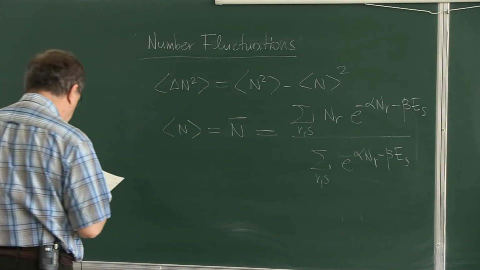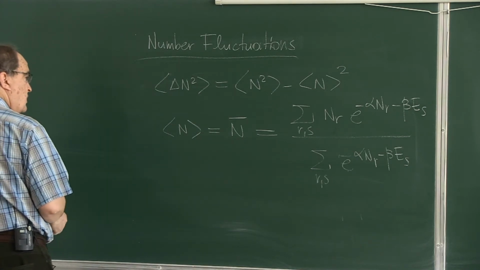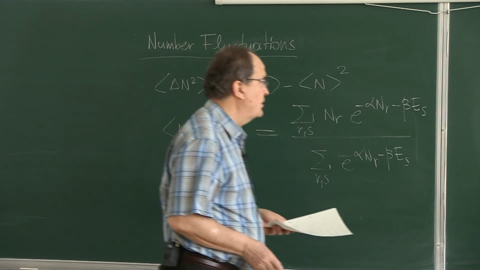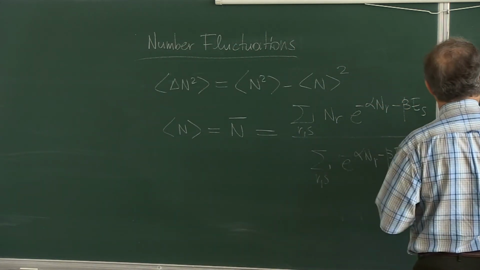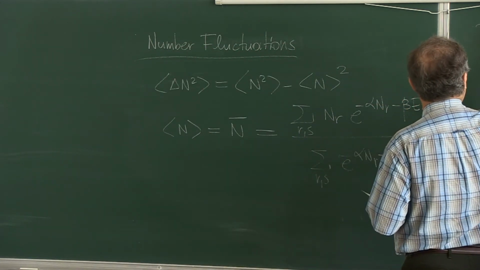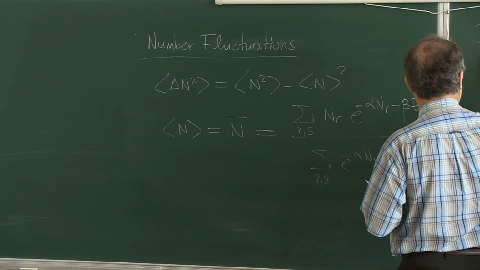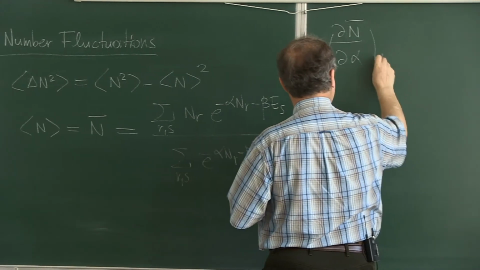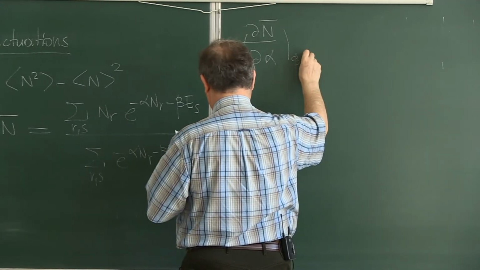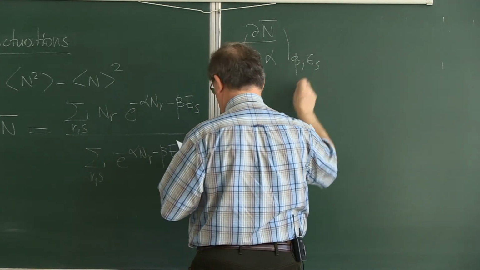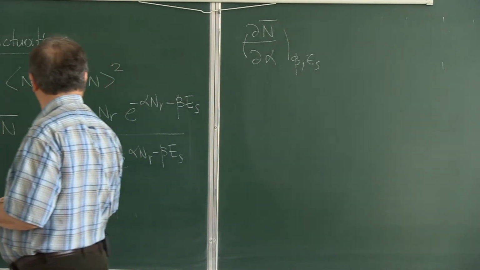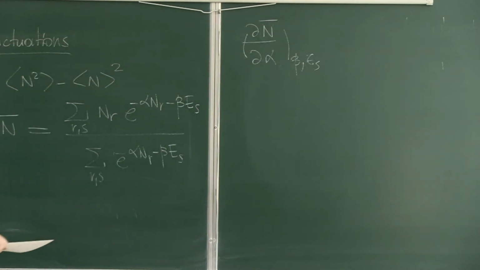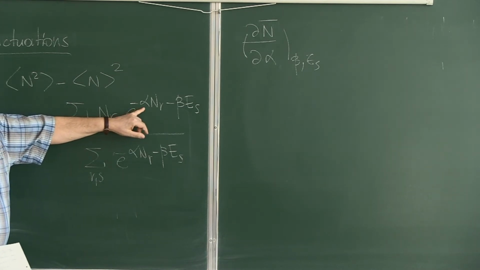If this is the average, then let's check the derivative of this average with respect to alpha, keeping temperature and energy constant. Why do you want to consider the derivative with respect to alpha?